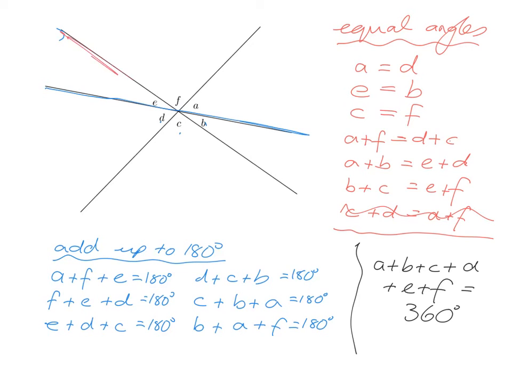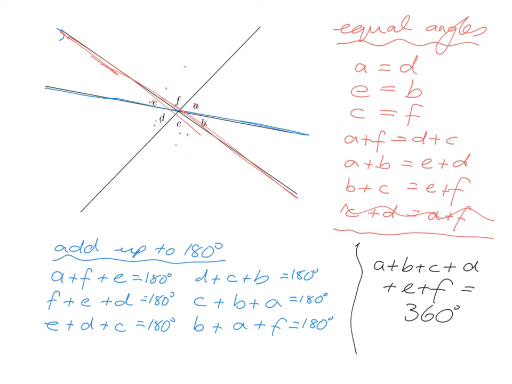If we look at this line here, this one gives us B plus A plus F equals 180, as well as E plus D plus C. And our last straight line is A plus B plus C and D plus E plus F, which gives us 180.